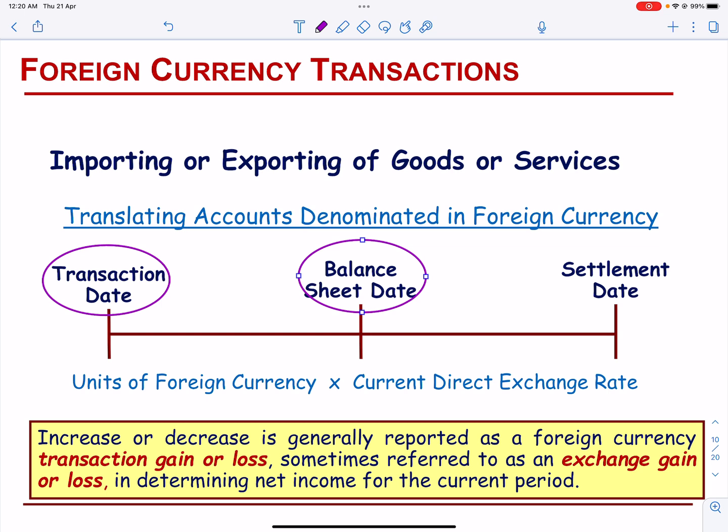At the settlement date, in the case of a foreign currency payable, the Saudi firm must convert Saudi riyals into foreign currency units to settle the account, whereas the foreign currency units received to settle a foreign currency receivable will be converted into riyals.